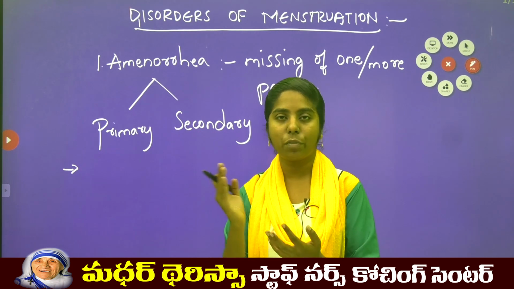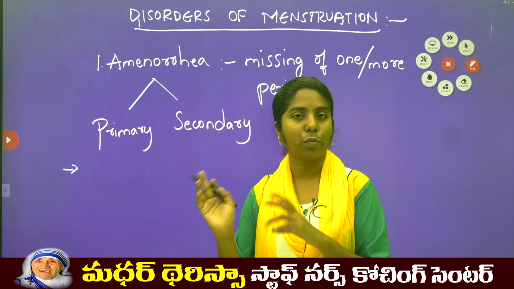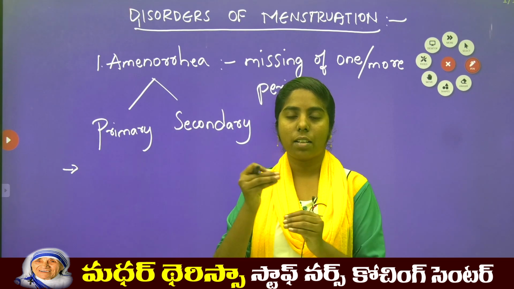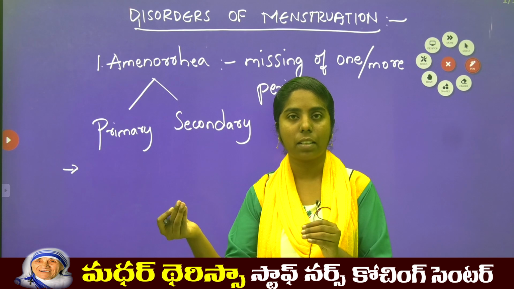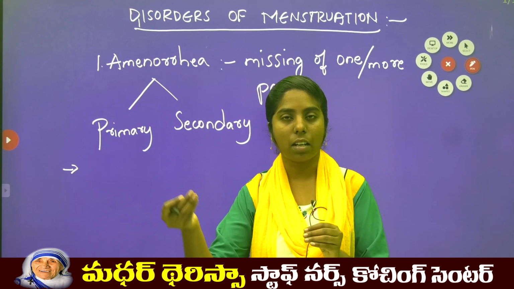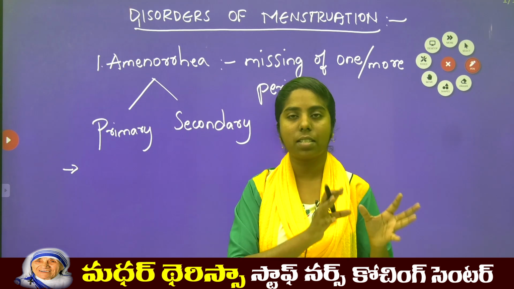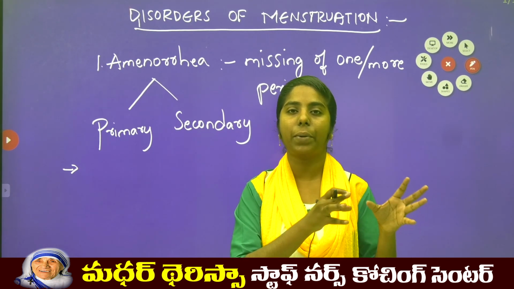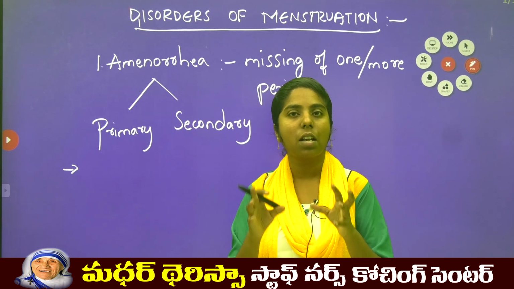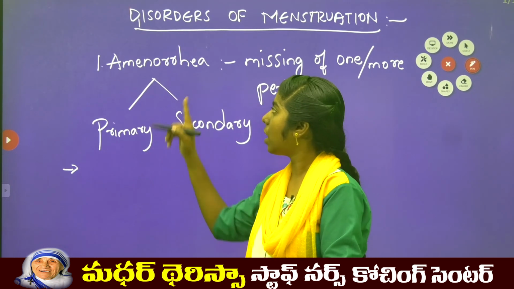Suppose she attained menarche at 12, and for the next month she is not getting a period. In the initial stages of her menstrual periods, if she misses one or more periods, then it is considered primary amenorrhea.